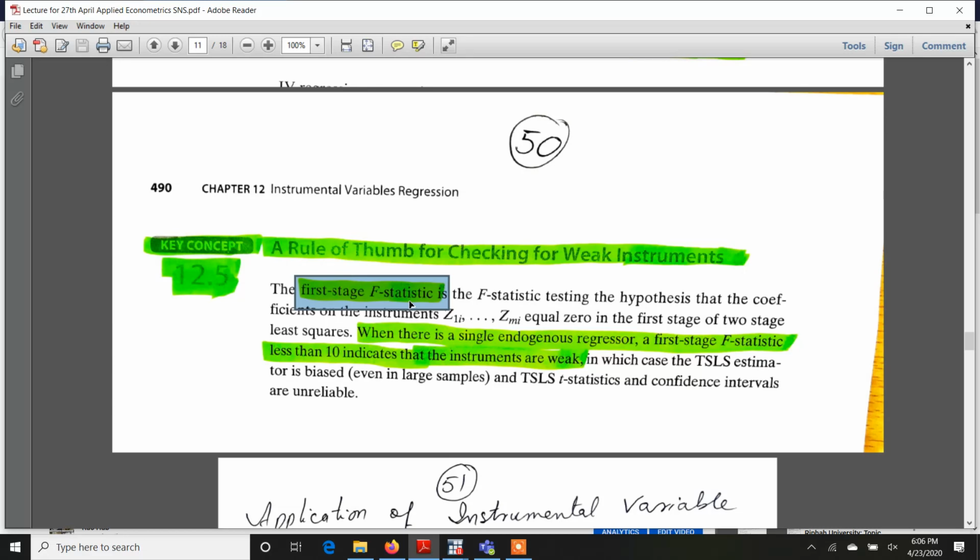So just note the value of the F statistic. If the first stage F statistic is less than 10, it means that the instruments are weak. And in the presence of weak instruments, the TSLS estimator will become biased and inconsistent, right? That's why it is written even in large samples, because inconsistency is a concept of large samples.